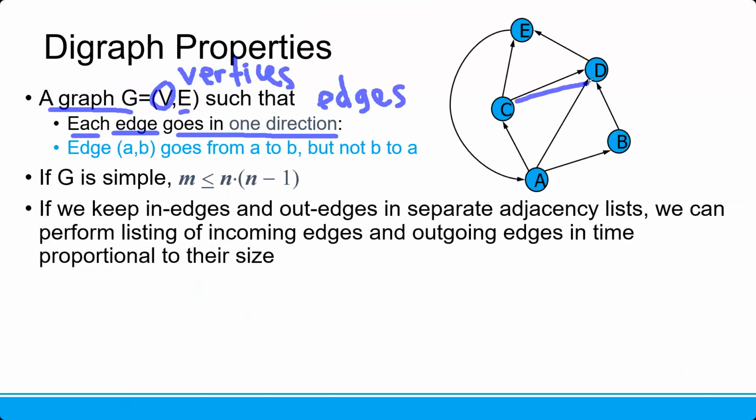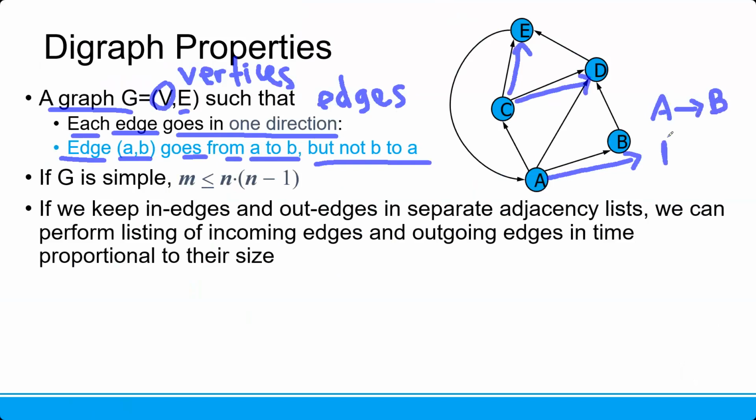Edge (A, B) goes from A to B, but not from B to A. So if I have the edge A to B, it means there is a way from A to B, but not a way from B to A.